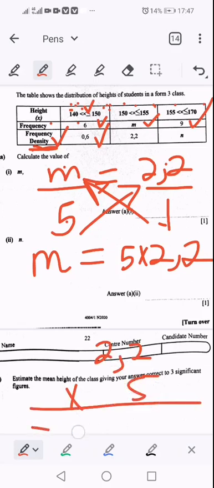When you multiply a decimal, just forget about the commas. 5 times 2 is 10, write 0 carry 1. 5 times 2 again is 10, plus 1 is 11. So we write 11.